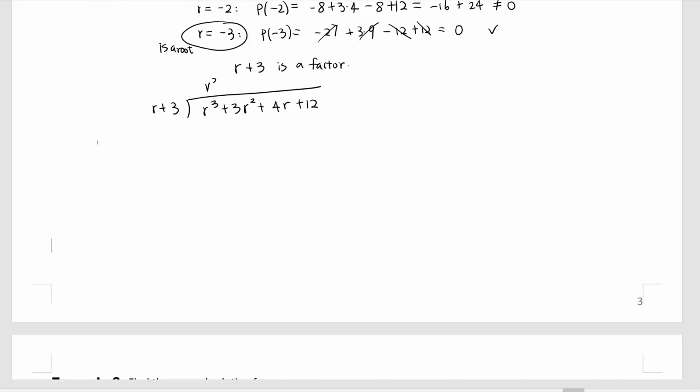We have r squared, so r cubed plus 3r squared, and subtract 4r plus 12. Well, that is 4. So what happened? So we get p of r is r plus 3 times r squared plus 4.